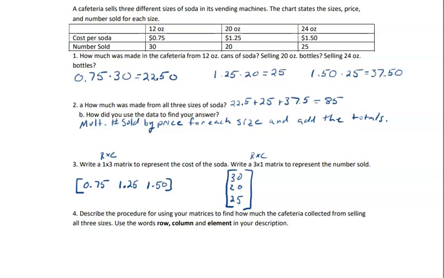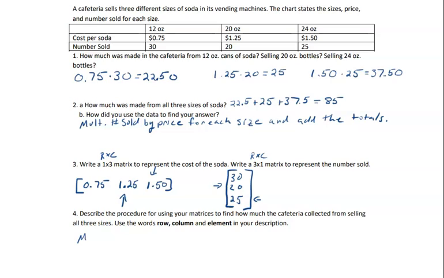So how would we use these two things to get what we got in 2a? Well, it is just 0.75 times 30 plus 1.25 times 20, and then 1.5 times 25, and those are added together.